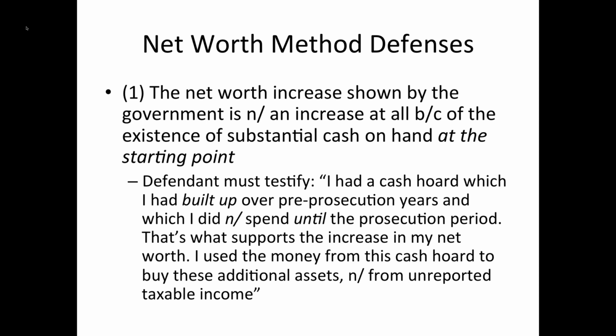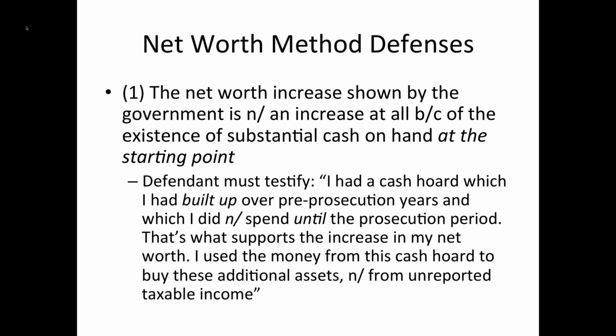So what's significant here is that what the government is looking at is the prosecution year. And they are making the outlandish allegation, if you will, that the defendant spent substantially more than what the defendant earned from their job.